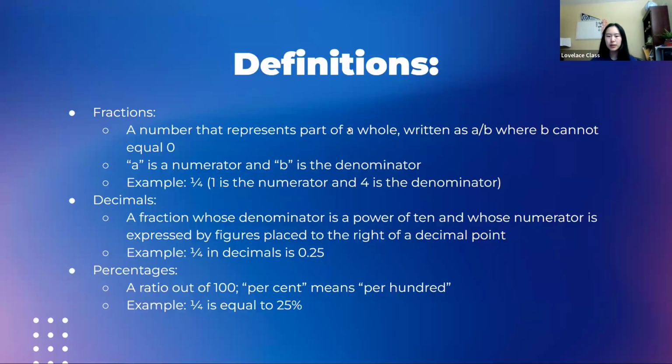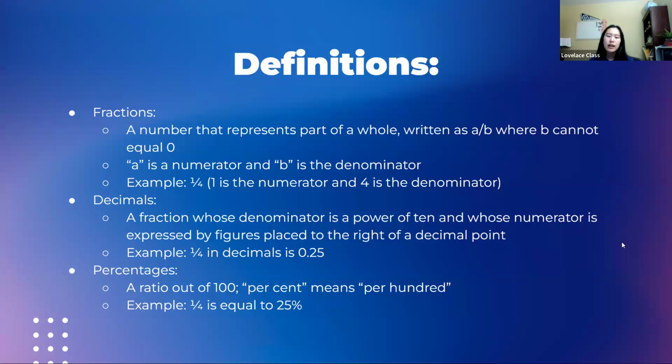So for example, if you use 1/4, then 1 is the numerator and 4 is the denominator. This is basically saying 1 divided by 4. Decimals are similar to fractions. A decimal is a fraction whose denominator is a power of 10 and whose numerator is expressed by figures placed to the right of the decimal point.